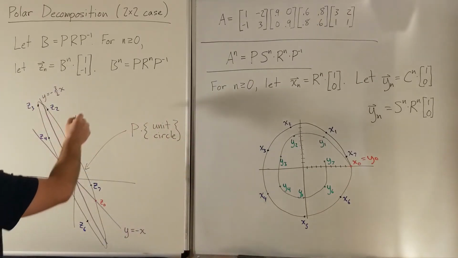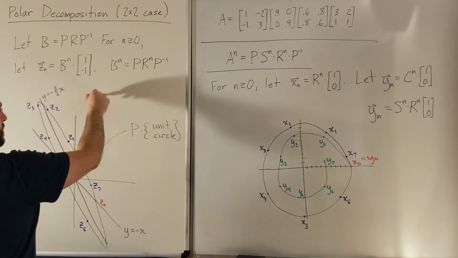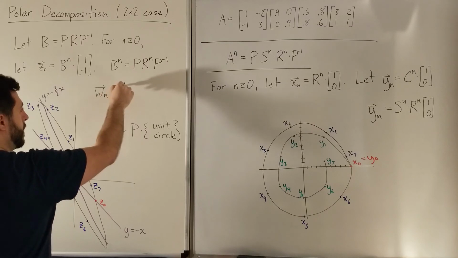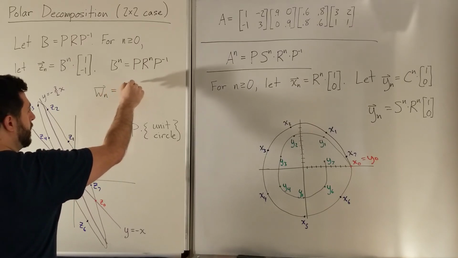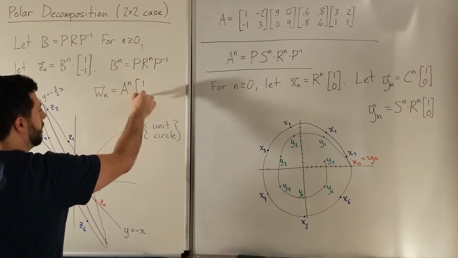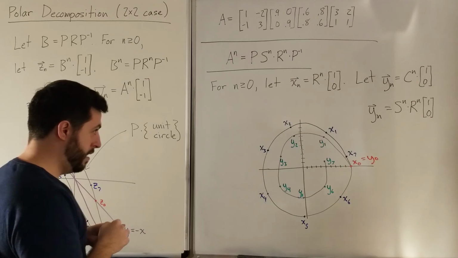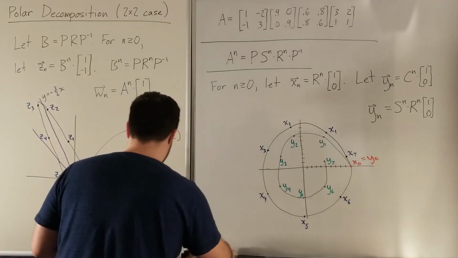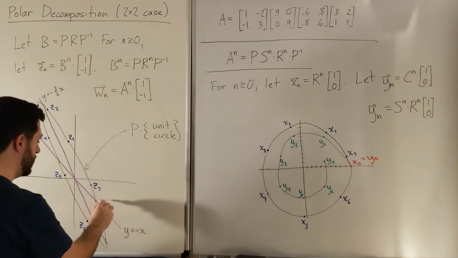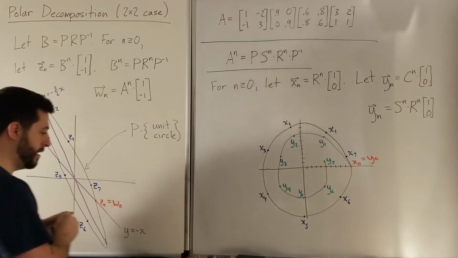Okay, so now we want to look at what's happening with the sequence Wn defined by A to the n times our starting vector 1, negative 1. Okay, so just like x naught was equal to y naught, z naught will equal w naught. Same starting point.